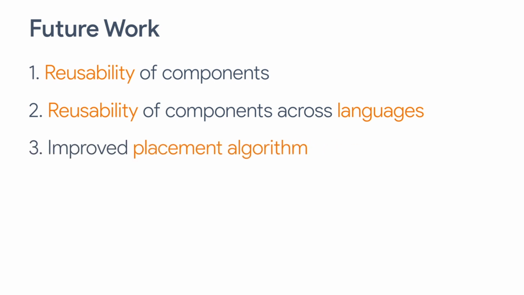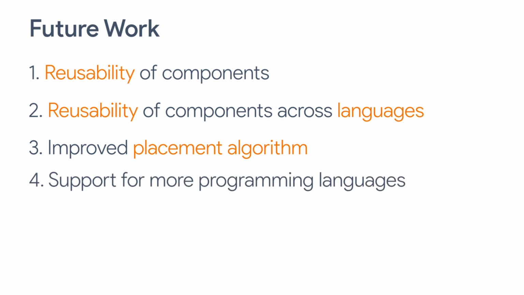Number three is improvement in node placement, time computation, etc., meaning improvements in heuristic functions for better node placements. And the last one is support for other programming languages. As of now, TensorFlow supports Python, C++, and JavaScript, but in future it may support other languages as well.